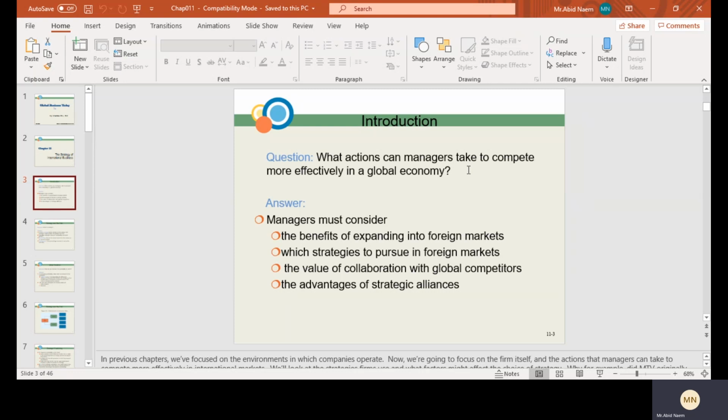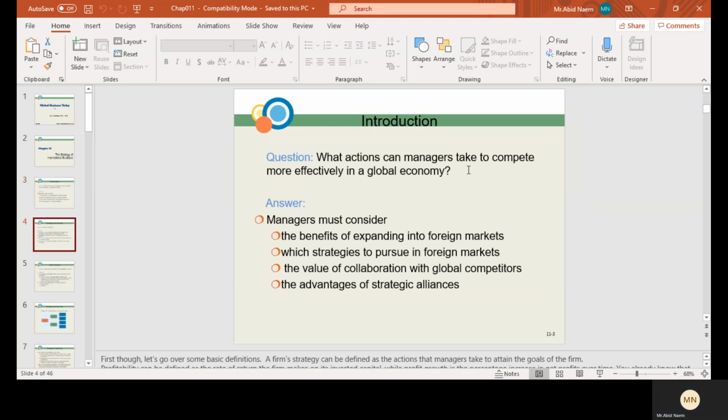At the same time, you have to understand the reasons and strategies you are going to use for foreign market expansion, the value of collaboration with your global competitors, and the advantages of the strategic alliances you are going to form with other organizations.